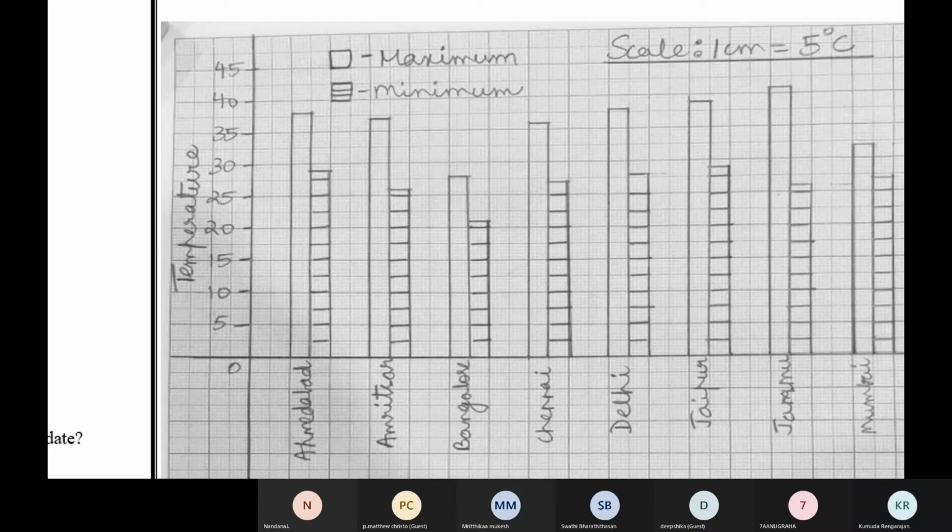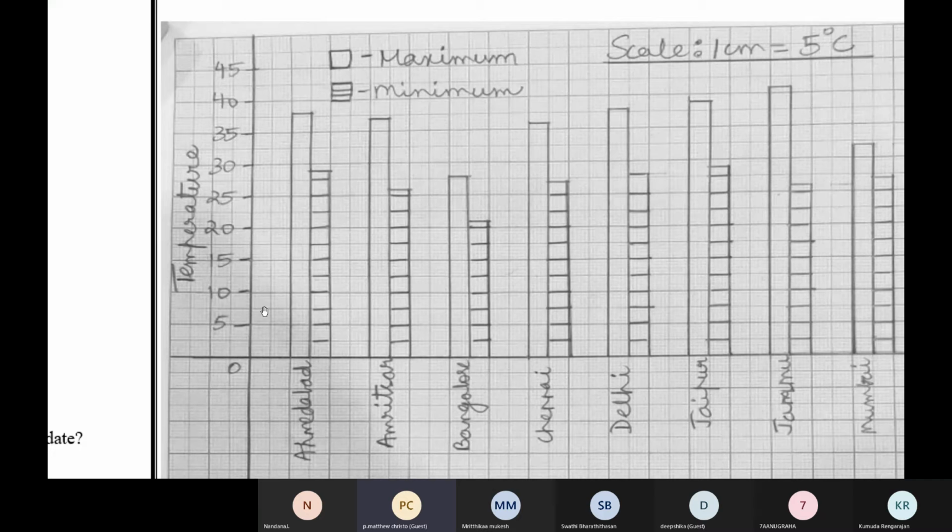Yes, ma'am. Okay, now let me ask Matthew. Matthew, read from 5 to 10. Mritika, how many divisions are there between 5 and 10? Ma'am, 10. No, how many divisions are here between 5 and 10?